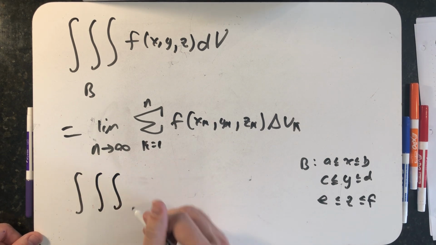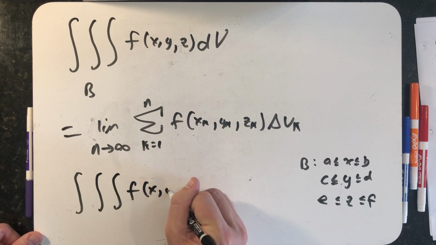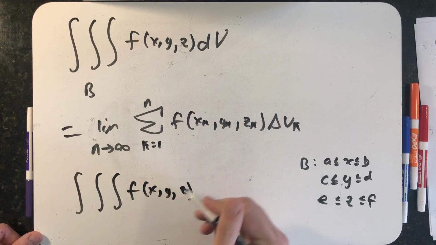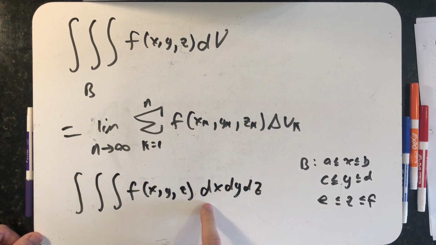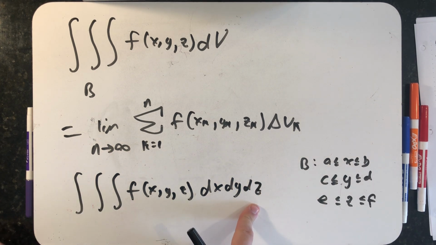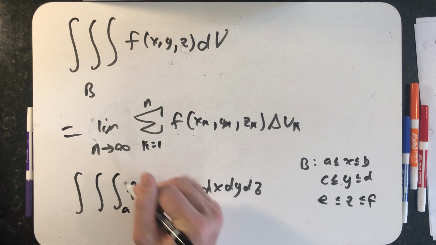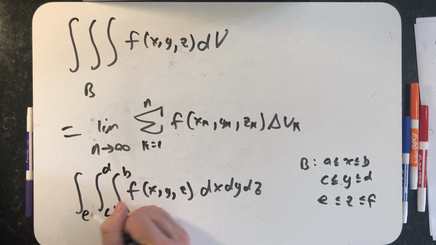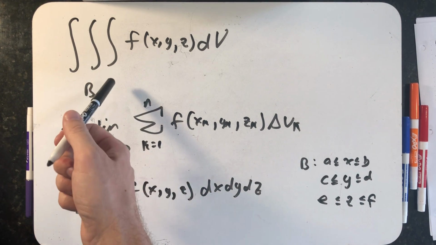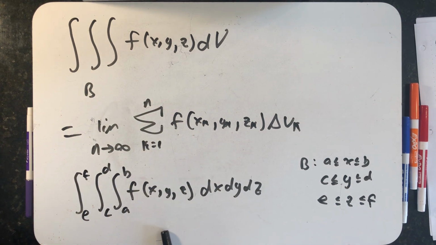I can rewrite this as an iterated integral. And because it would be a rectangular prism, I could actually do it in any order I chose, because if I take the integration in pairs, I can think of Fubini's theorem as applying. And so my triple integral can also be an iterated integral.